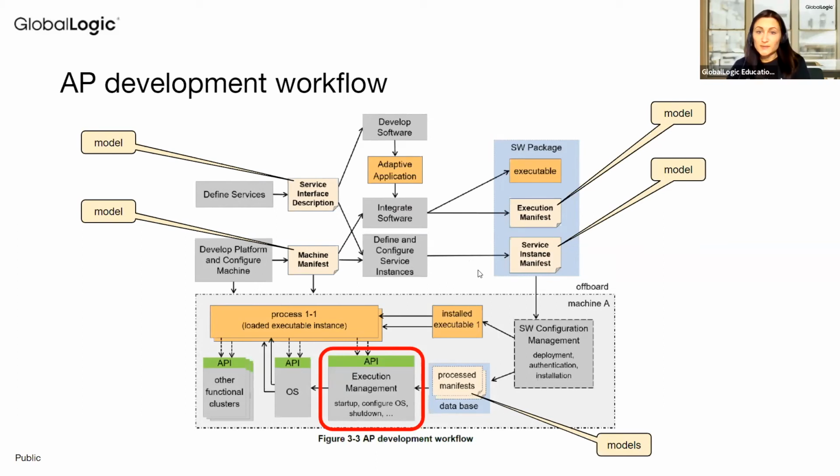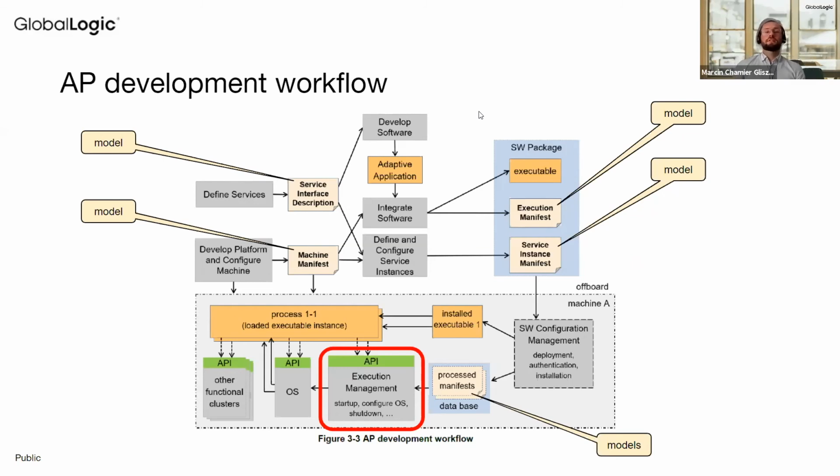The next one is, I saw ROS in the slides. How much is it tied with the adaptive AUTOSAR? Should I be honest?